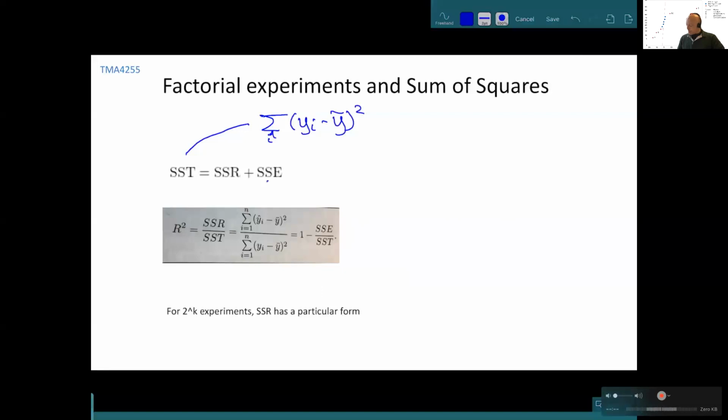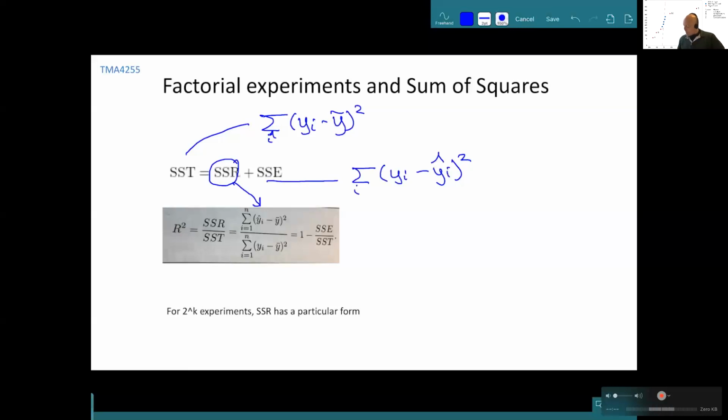And this sum of squared error is looking at the sum over all data, but now we take the difference between the measurements and the predictions. And this regression sum of squares is then looking at the prediction minus the mean. So when we do sum of squares analysis, we see how much of the variability is explained by the regression model, or this model with the factors in there, compared with just the mean, which is simple to use.